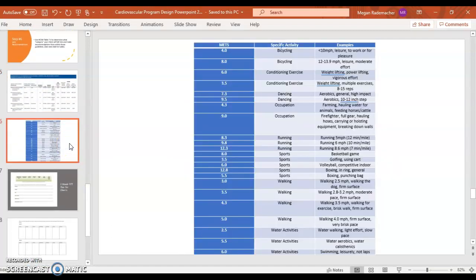Remember, you have your MET chart as well. That was on the back of that handout that we gave you when we did metabolic equations. So a variety of different exercises determining the MET level that we will put your client into. Okay?